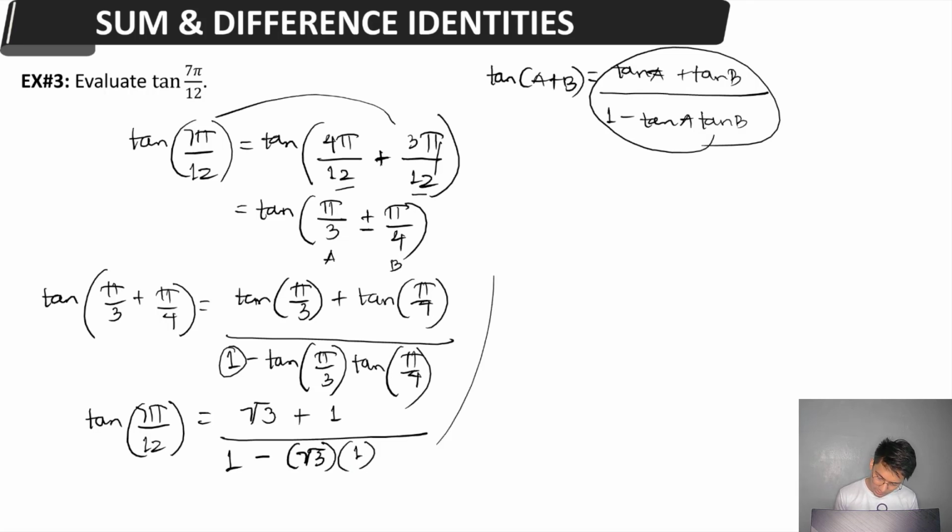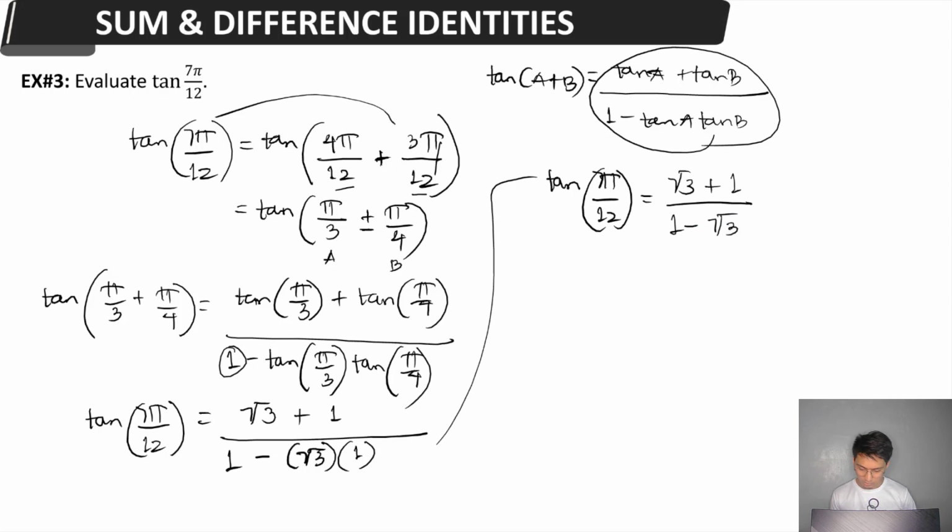We simplify, lagay na natin dito, tangent 7 pi over 12 is equal to square root of 3 plus 1, hindi natin pwedeng ipag-add, of course, over 1 minus 3 square root of 3.